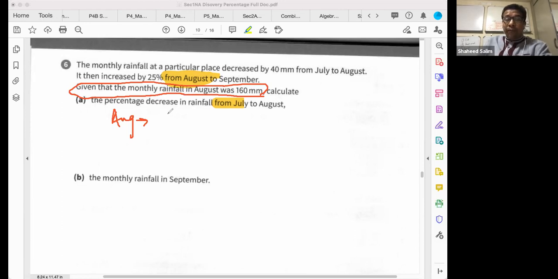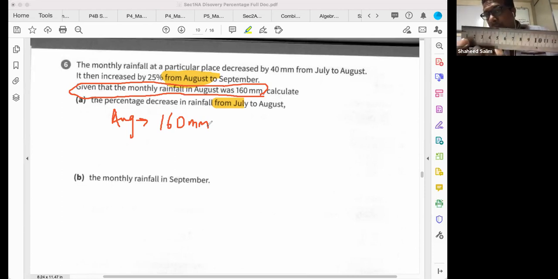August, they tell you the rainfall is 160 mm. You know what is 160 mm? Say, I do not know what mm is. Okay, I'll show you now what mm is. Those of you who know only mm as M&M's, chocolate, that is not what it is. This ruler down here, you can see, this 1 cm, inside it got mm. There are 10 mm in 1 cm.